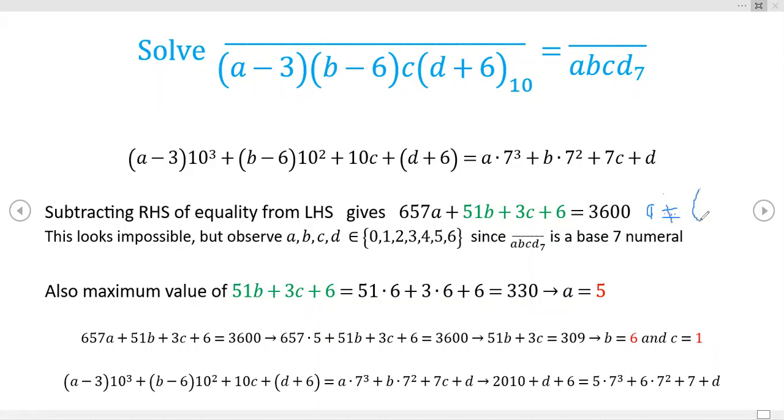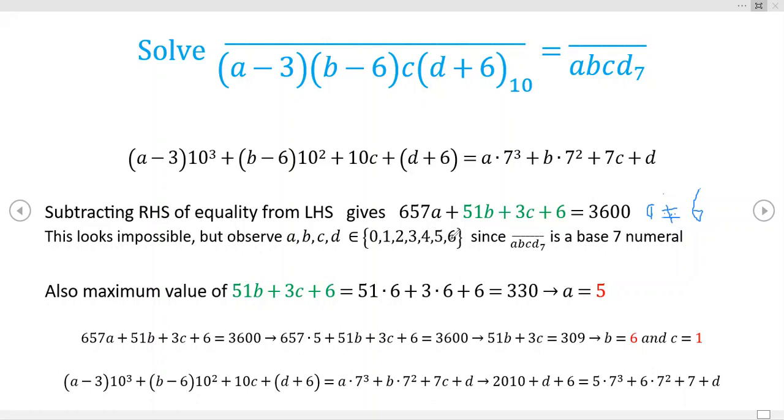And you guys can see if 6 was in this position, 6 times 657 certainly exceeds 3,600, right? No matter what happens with B and C.